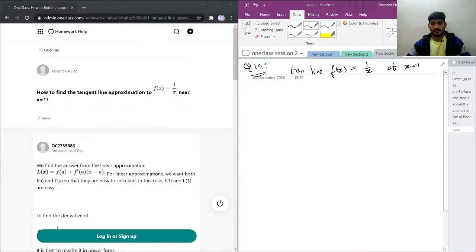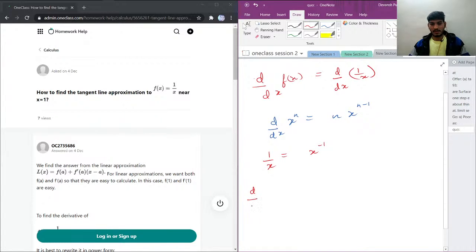So I will take the derivative of f of x, which is the derivative of 1 over x. Now I'm going to use the power rule of derivative. So d dx of x power n is n times x power n minus 1. For 1 over x, I can write this as x power minus 1.